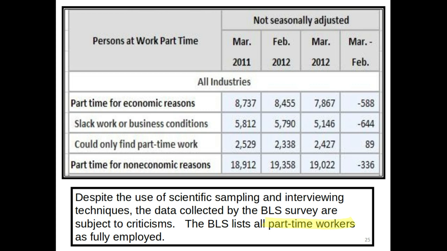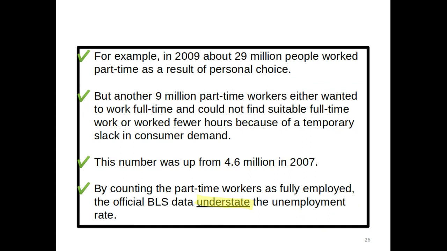And people criticize that because if people are working, they've got a job and they've got some hours, but they want more hours, they're not as well off as they want to be. And that should be reflected in the data, according to some economists. So this understates our unemployment rate. It makes it look better than it really is.